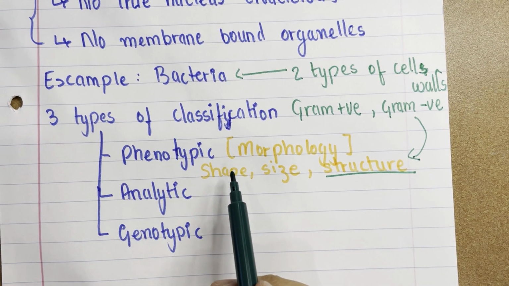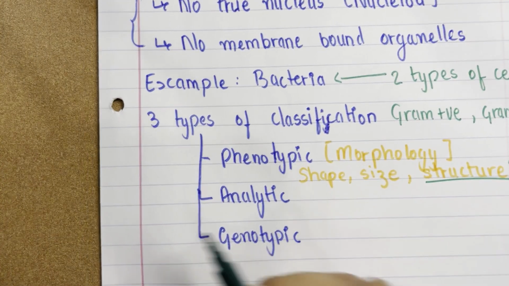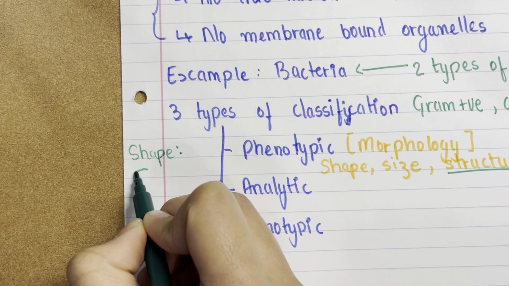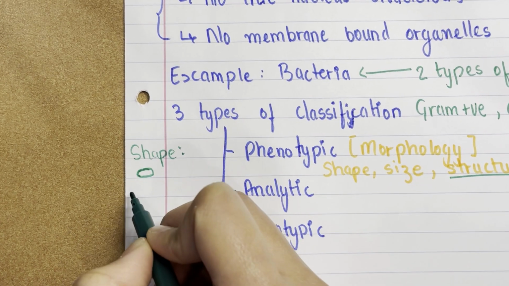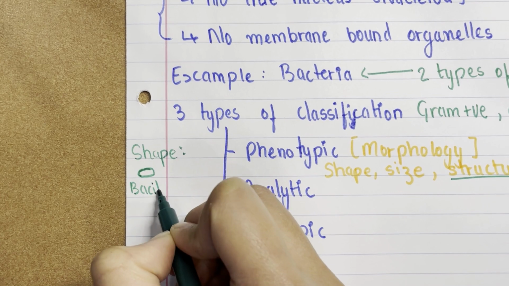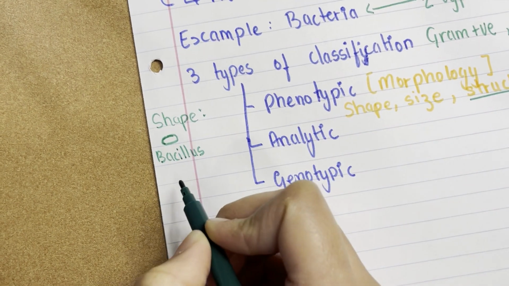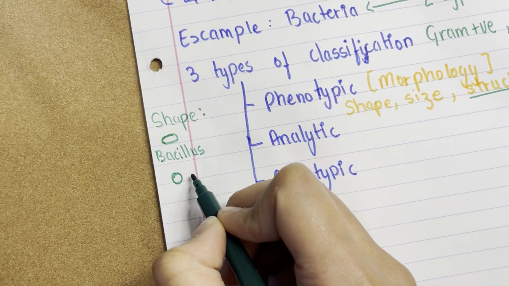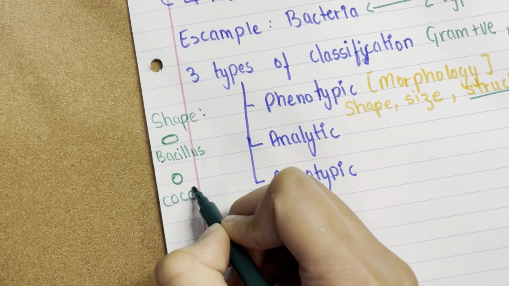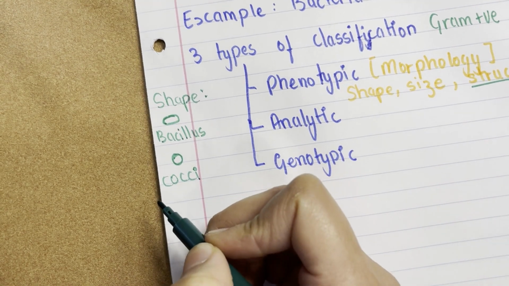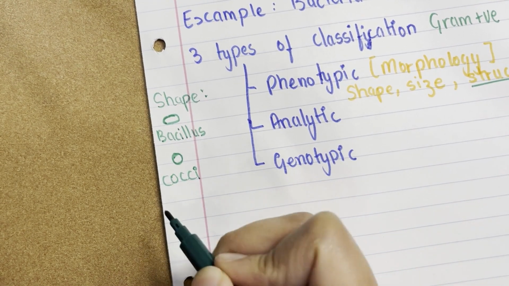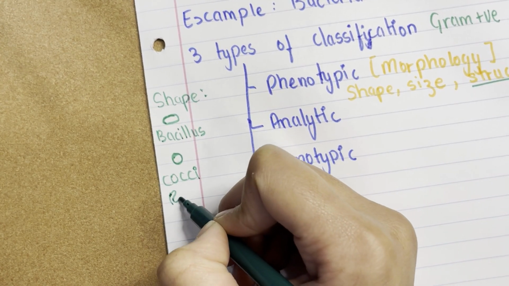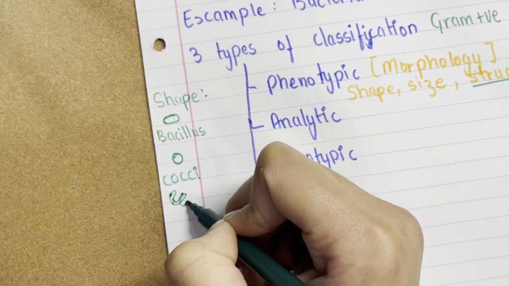It's the shape, which can be rod-like, so like bacillus. They can be spherical, so cocci. They can be spiral-like, as the name suggests, like a spiral.